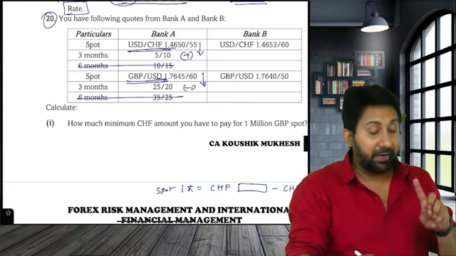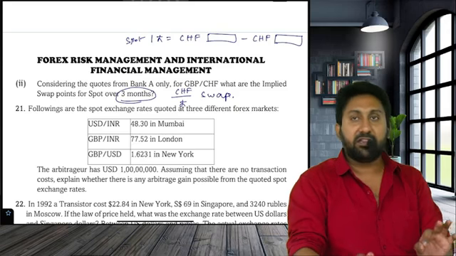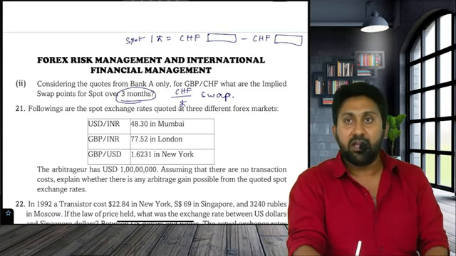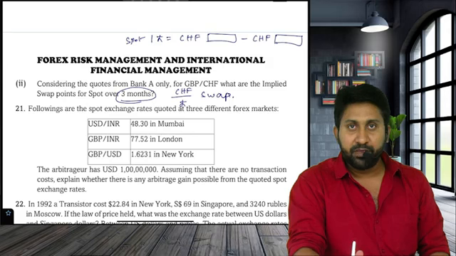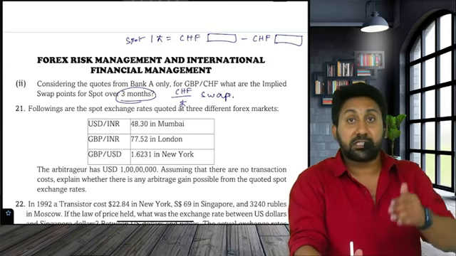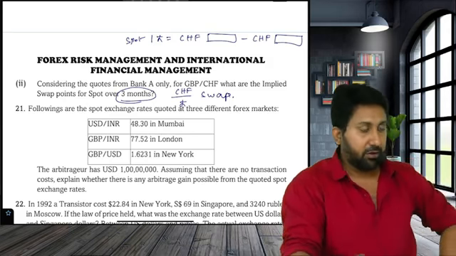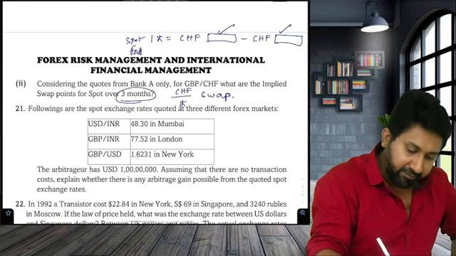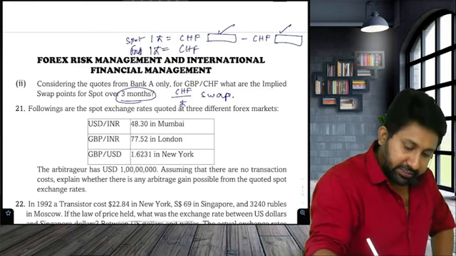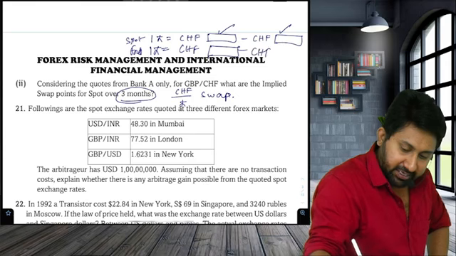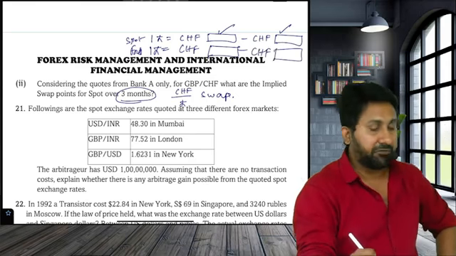Repetition once again. We are not given the CHF by pound. In the question he is asking to calculate the swap points in the forward. Means first we need to calculate the spot. So 1 pound equal to CHF, this and this spot we need to calculate. Like that, 1 pound equal to CHF this and this is a forward.